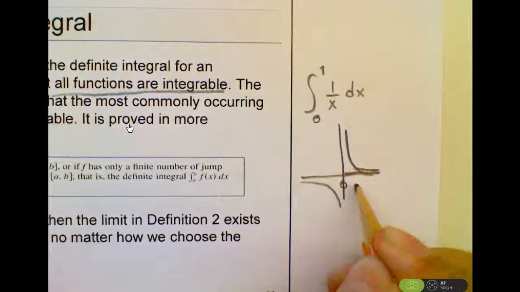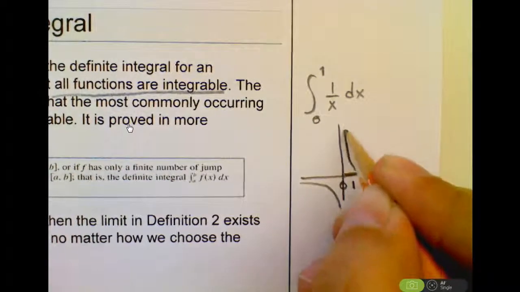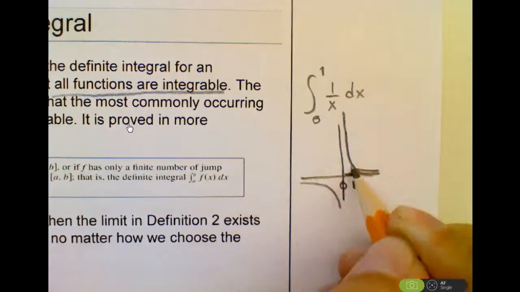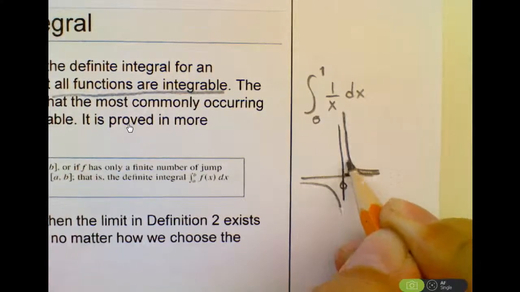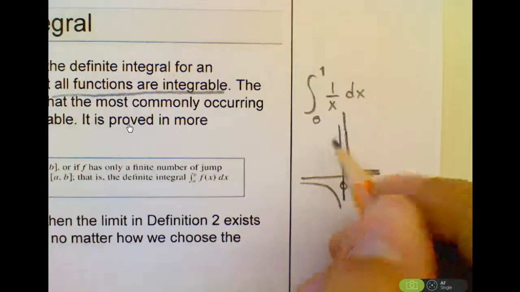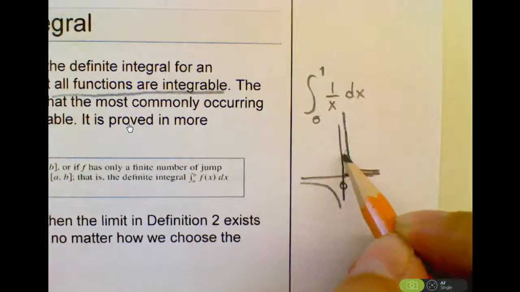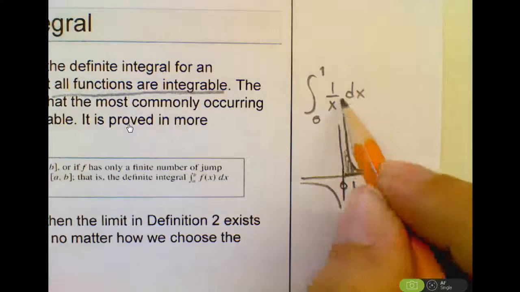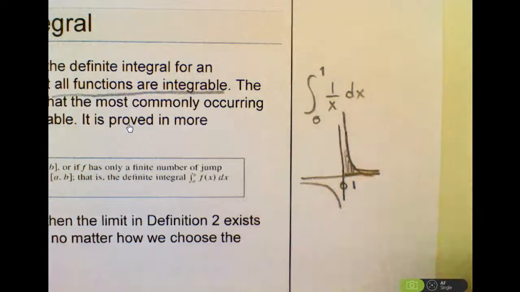But between 0 and 1, you know that the y-axis works as a vertical asymptote. So even if I try to make infinitely many rectangles to approximate its area, as the rectangles approach 0, the height of each rectangle approaches infinity.